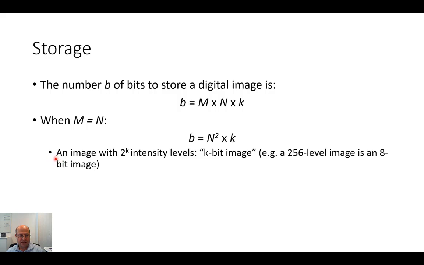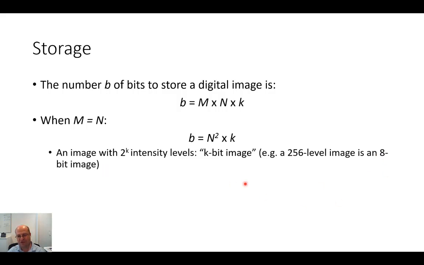Right, and another observation, it's actually a definition that people use all the time. We say that an image with 2 to the power of k intensity levels is a k-bit image. I'm sure you've seen something written like 8-bit image, 32-bit image.